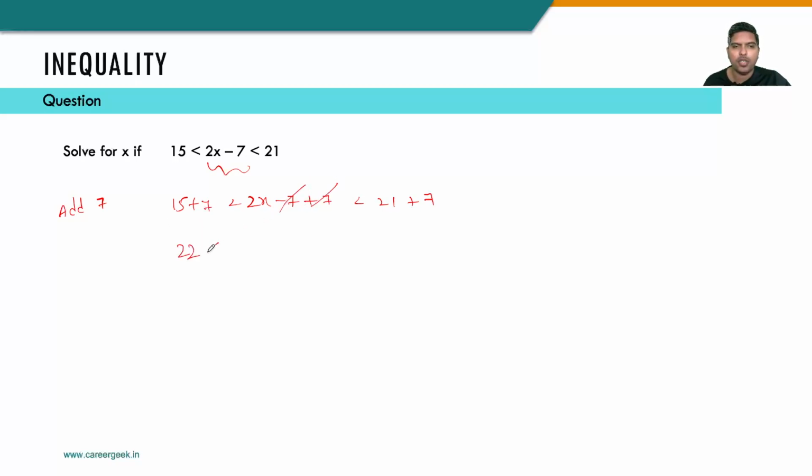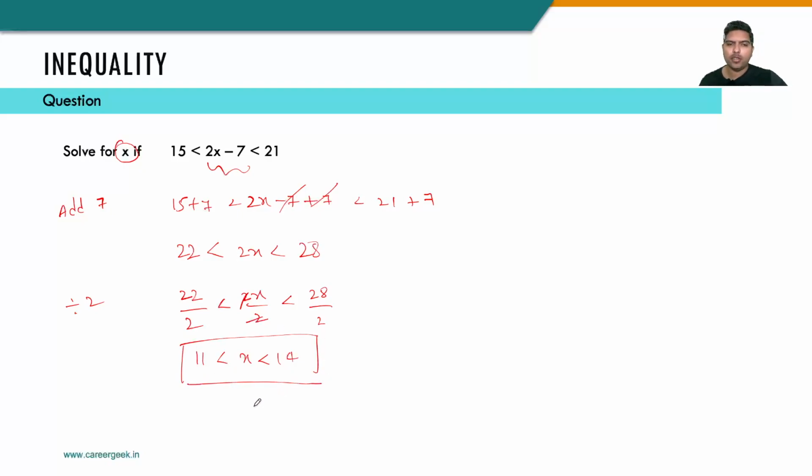I have 22 here, 2x here, and 28 here. Now I have to solve for x. What I'll do, I'll divide by 2 on all the sides. Division by a positive does not change. So 11 is less than x is less than 14. This is the solution.